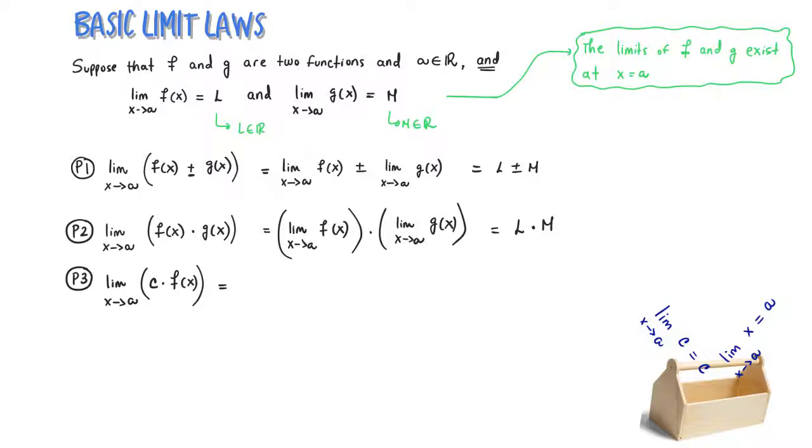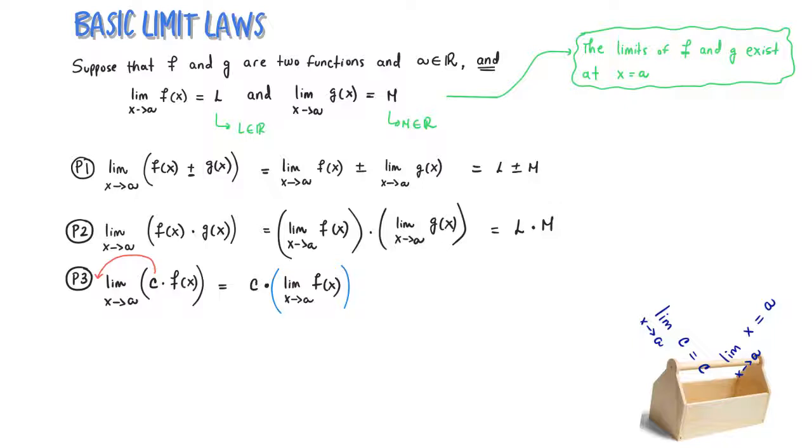The property says that we can take c, because it is just a number, and put it in front of the limit. So this will be equal to c times the limit as x approaches a of f of x. I'm going to put brackets over here to keep that limit together with the function.